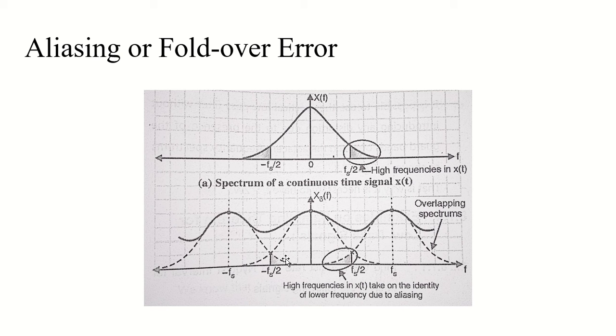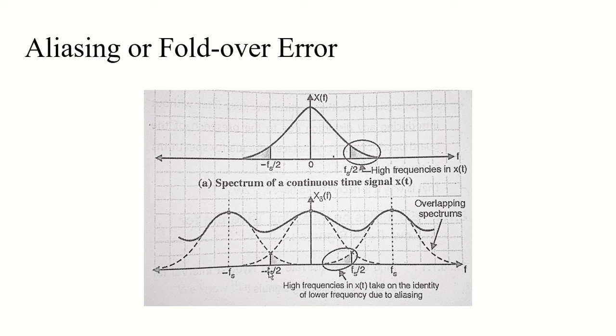Due to this overlapping, it is seen that the portion of the frequency shifted replica looks like it has been folded over. If I fold this one over, it will look like this. It is folded over inside the desired spectrum, and because of this it is also called fold over phenomenon, fold over error.